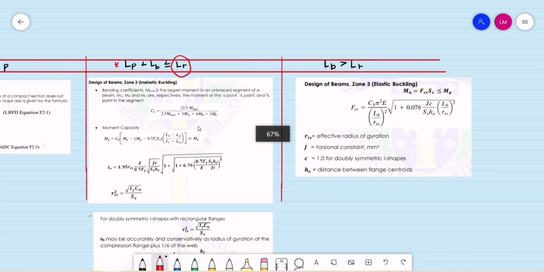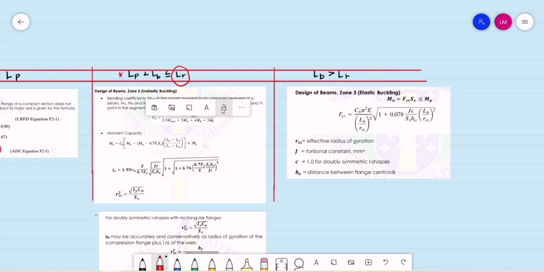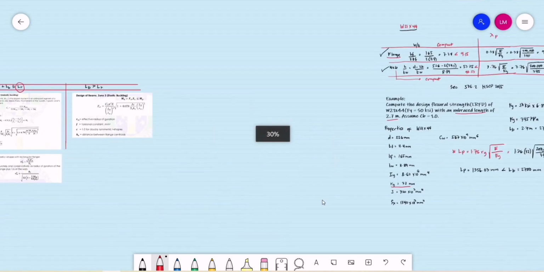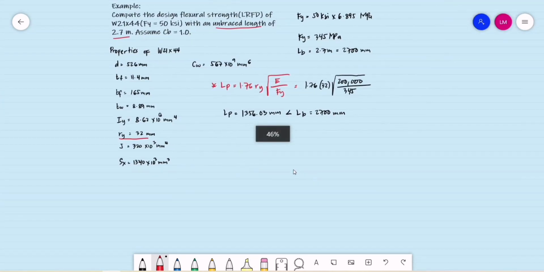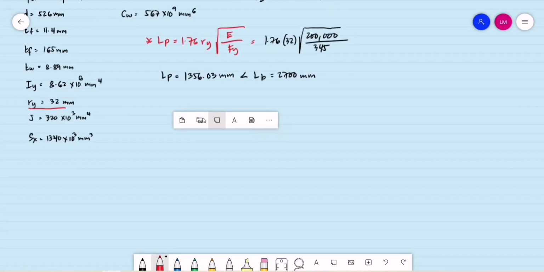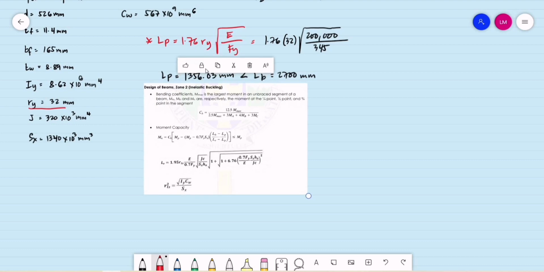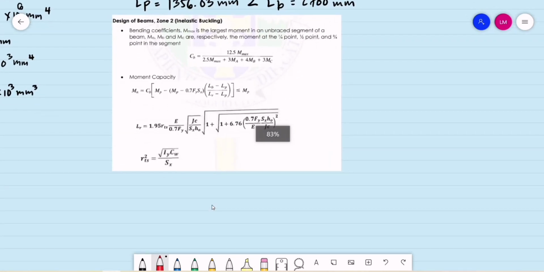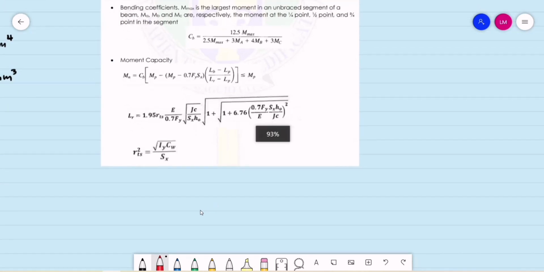So let us assume that it is maybe zone 2 or zone 3.